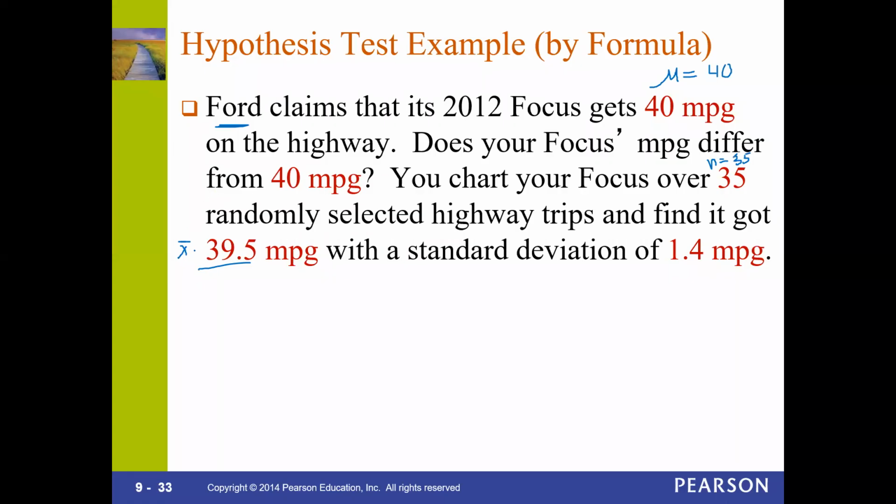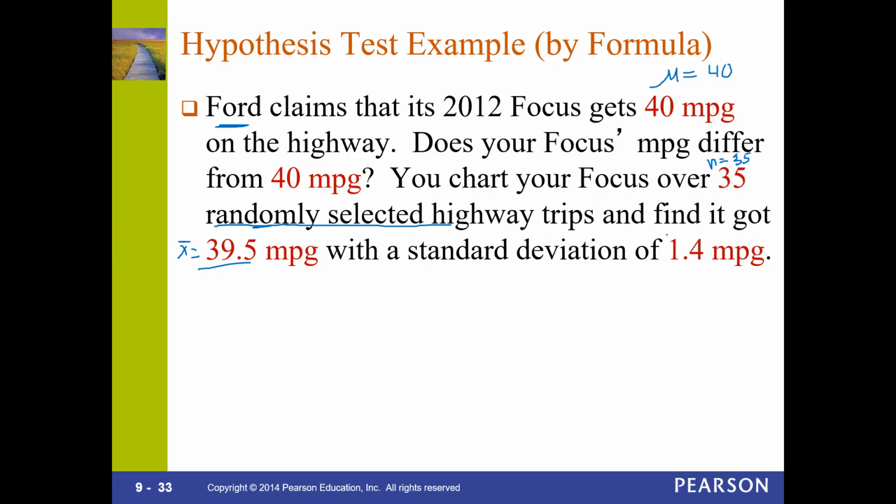That'll be my X bar, because this is from a randomly selected sample. We find out it was an X bar of 39.5, with a standard deviation of 1.4. At this time, the standard deviation is taken from the sample.